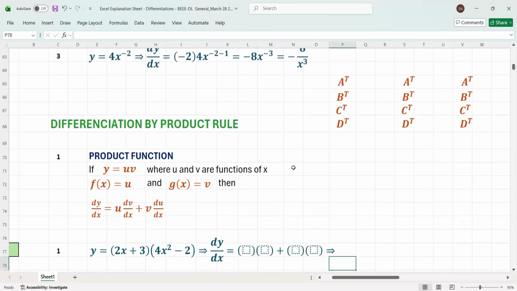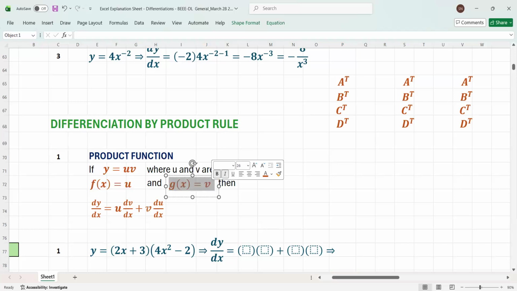Okay, let's go on. Then we have what we call differentiation by the product rule. It means that you'll be given a function such that there are two functions that are multiplying. So we will assume that u is f of x, and v is g of x.